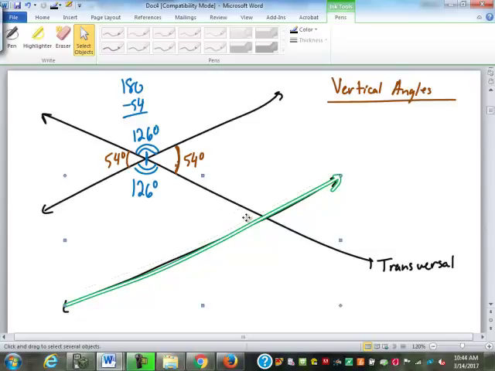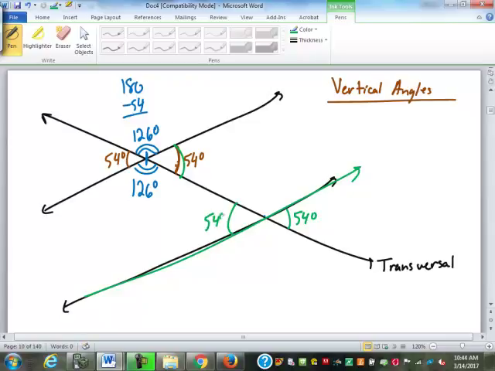So this angle here would be that one, 54 degrees. This angle would be 54 degrees. What about this one? 126 and 126.